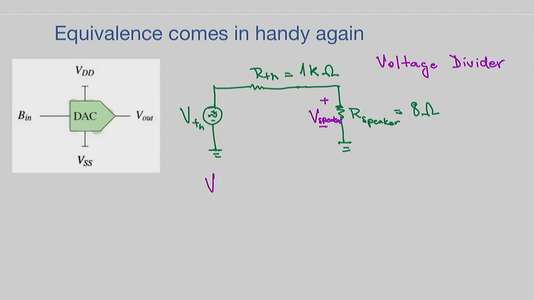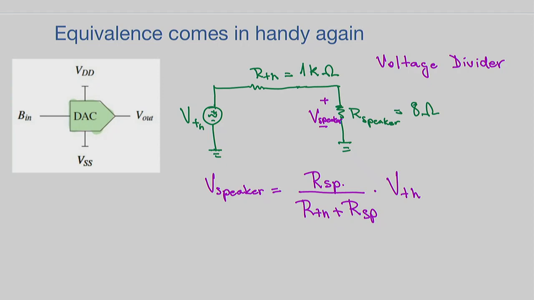So we can say that V speaker is going to be equal to R speaker over R Thevenin plus R speaker times V Thevenin.